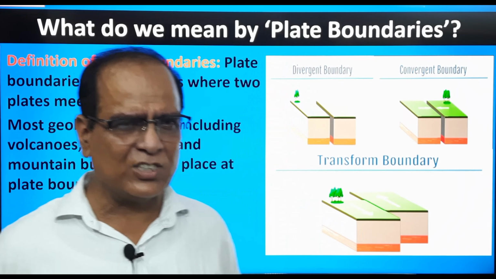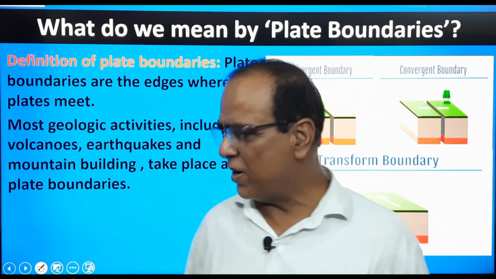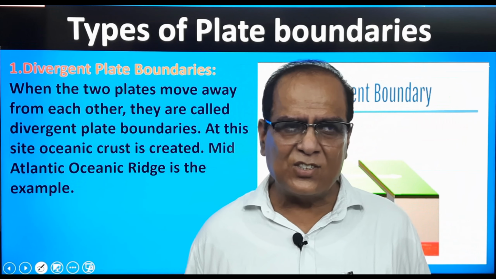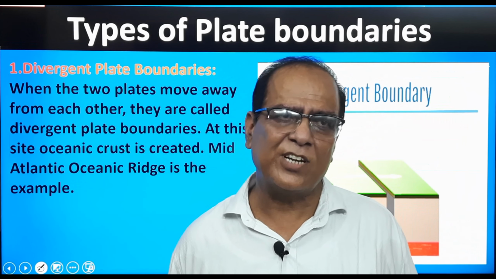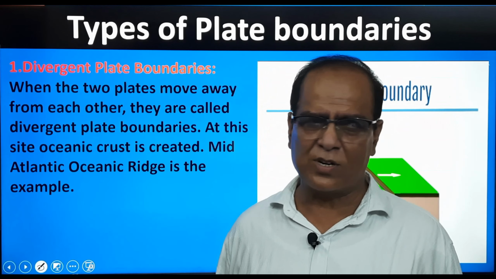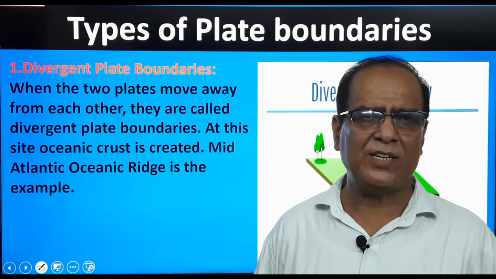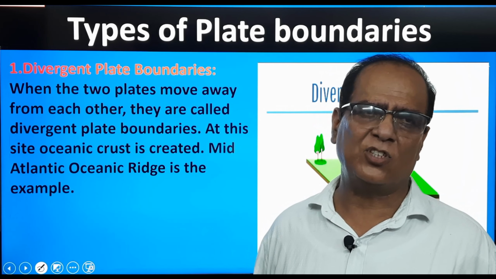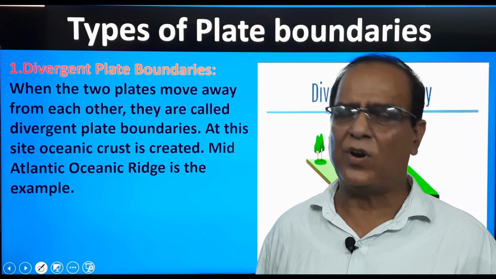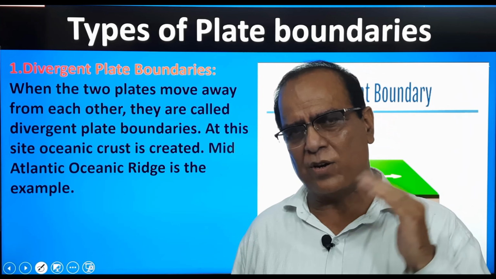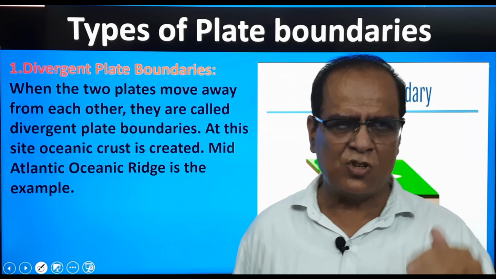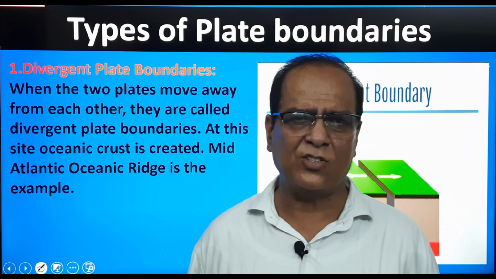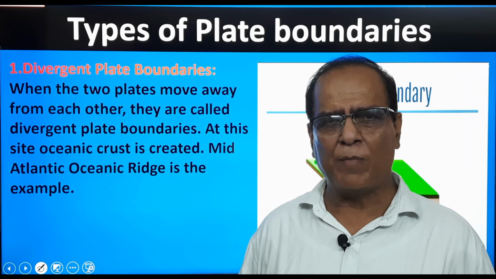Now let us see the different plate boundaries. Here is the first one, that is divergent plate boundaries. What does it say? When two plates move away from each other, they are called divergent plate boundaries. And where does it happen? In our previous videos where I talked about sea floor spreading, you saw what happens at the time of magma's eruption.